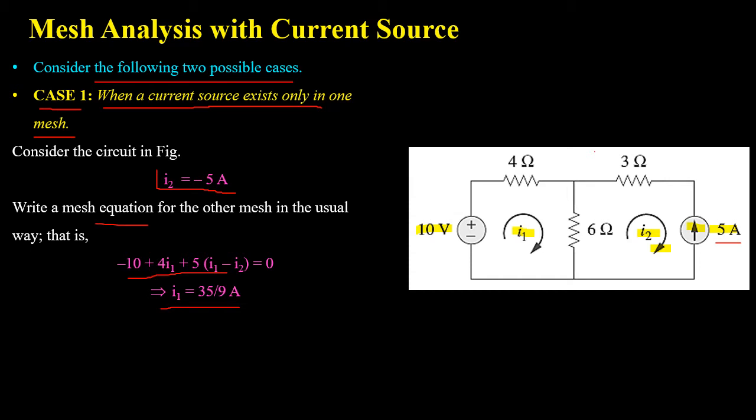But if both are opposite, then the mesh current will be equal to the negative value of the current source. Like in this case, the mesh current I2 is equal to minus 5 ampere because the direction of the mesh current is opposite to the current of the current source.